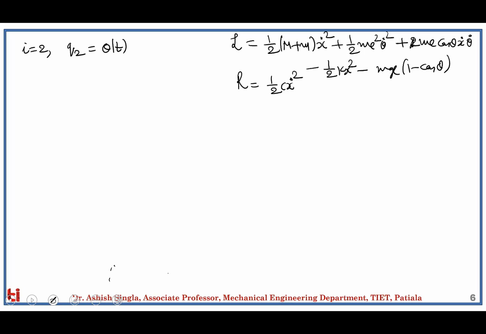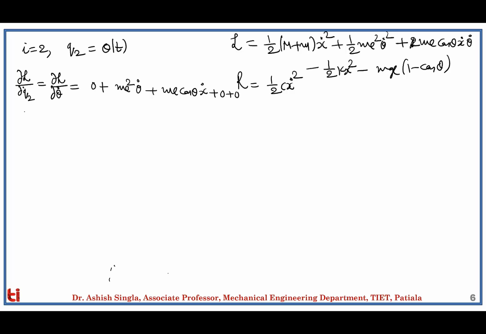Let's calculate the first term, which is del L by del q2 dot, which is equal to del L by del theta dot. We can see from the Lagrangian, the first term depends only on x dot, so it's 0, plus second term we have ml square theta dot, plus third term we have ml cos theta x dot, and 0 for the fourth term, 0 for the fifth term.